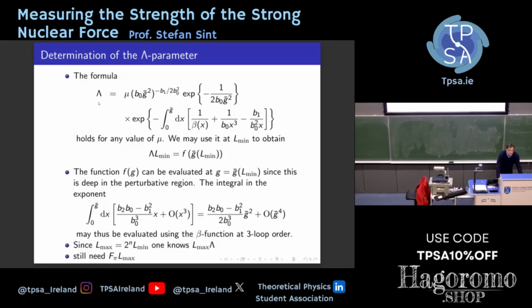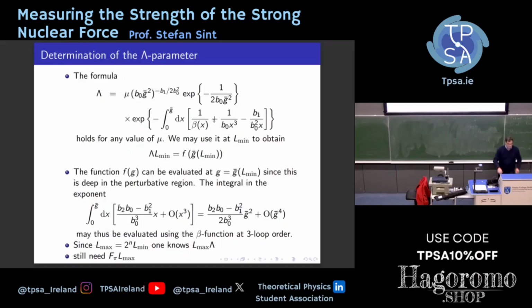So here is the so-called lambda parameter of QCD. The beta function I've explained. The beta function starts perturbatively with terms of order g cubed.